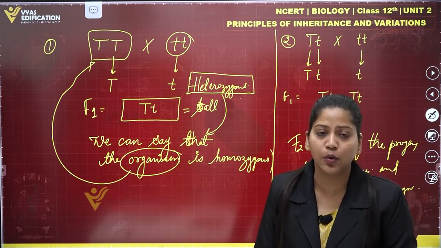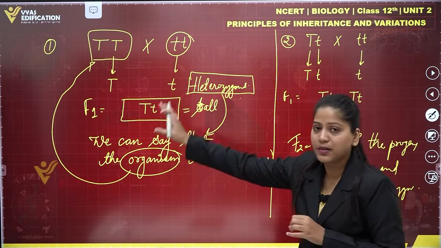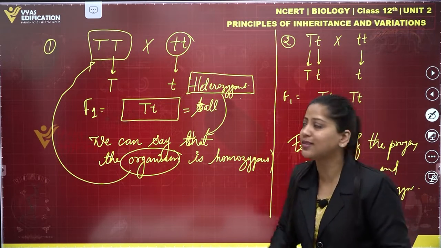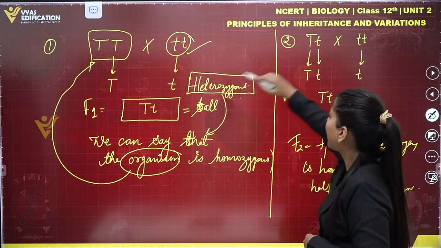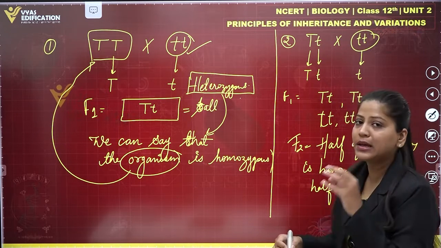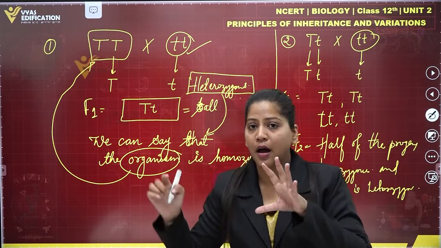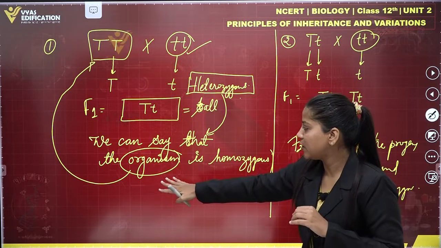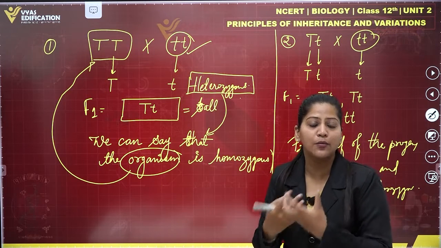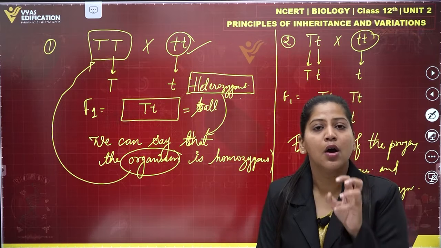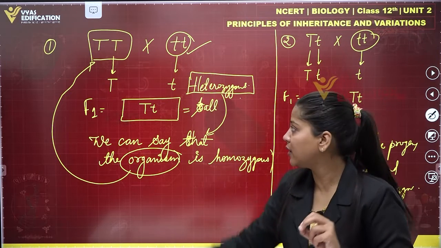So by mating these organisms with a recessive parent, we can conclude the result. If all the organisms in the F1 generation are heterozygous, then the organism has a homozygous genotype.